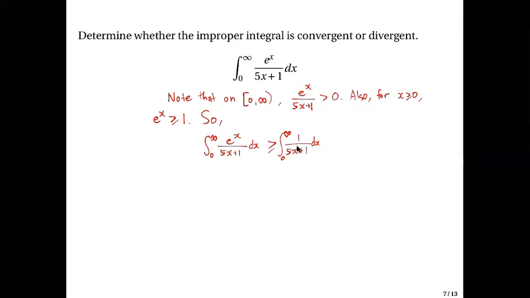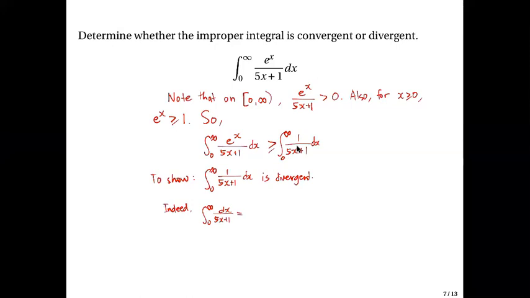So to show the integral from 0 to plus infinity of 1 over 5x plus 1 dx is divergent, indeed, we have the integral from 0 to plus infinity of dx over 5x plus 1.